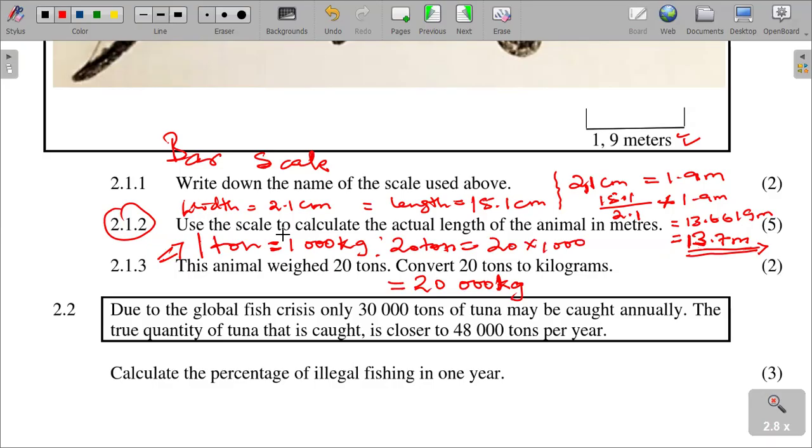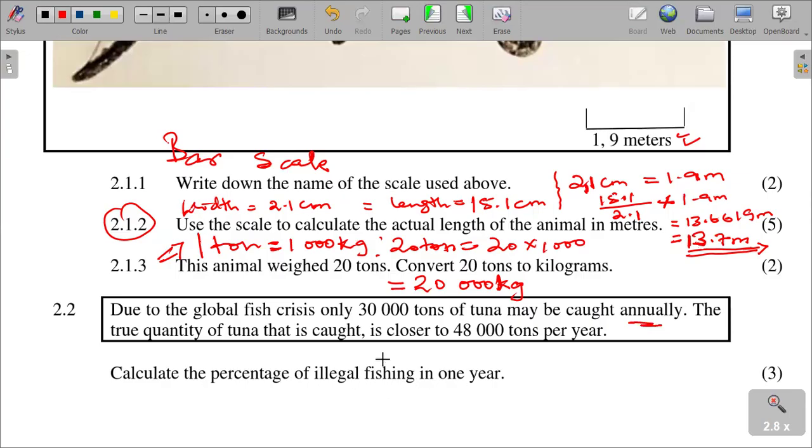And then due to the global fish crisis, only 30,000 tons of the tuna may be caught annually. That is per year. The true quantity of tuna that is caught is closer to 48,000 tons per year. Calculate the percentage of illegal fishing in 1 year.